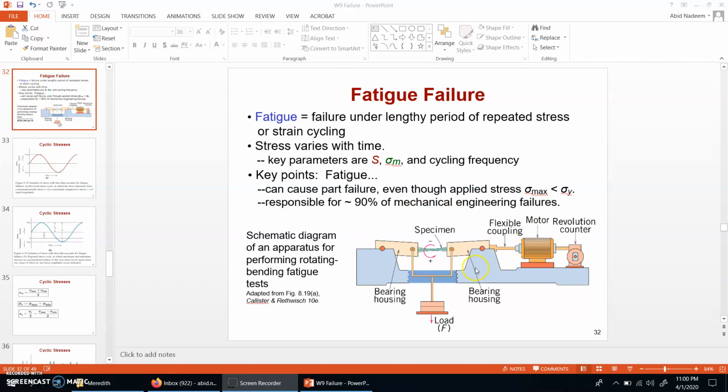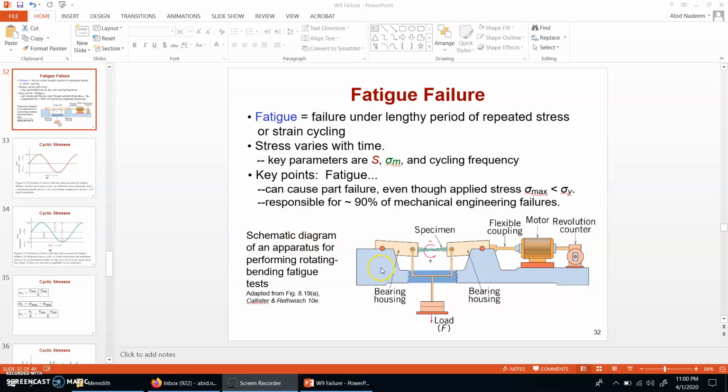So for the fatigue failure test, generally an apparatus is used in which a specimen is placed, and that apparatus applies repeated loads. For example, this specimen over here is deformed in such a way that repeated actions of compressions and tensions are applied repeatedly.